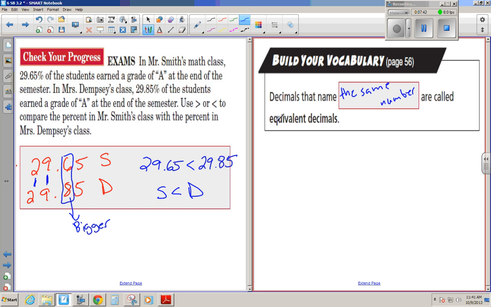Decimals that name the same number are called equivalent decimals. That means if you have 0.25, an equivalent decimal would be 0.250. If you had 0.205, an equivalent decimal would be 0.2050.